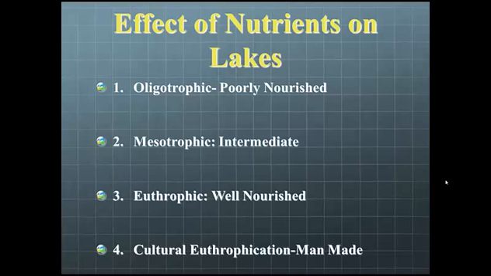You then have mesotrophic, which is intermediate, and you'll see slightly higher levels of biodiversity. And then your eutrophic, which are well-nourished ecosystems, and sometimes they're actually overnourished, which we can see in cultural eutrophication situations.